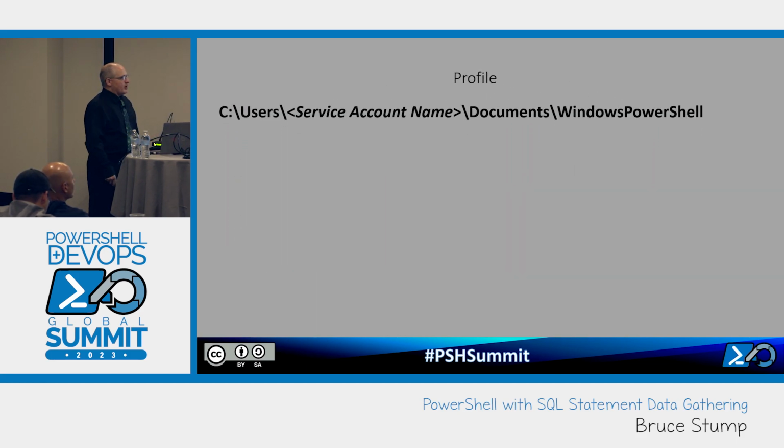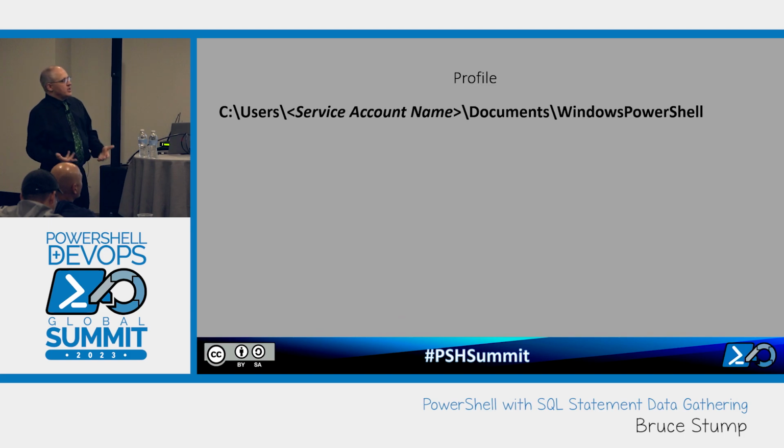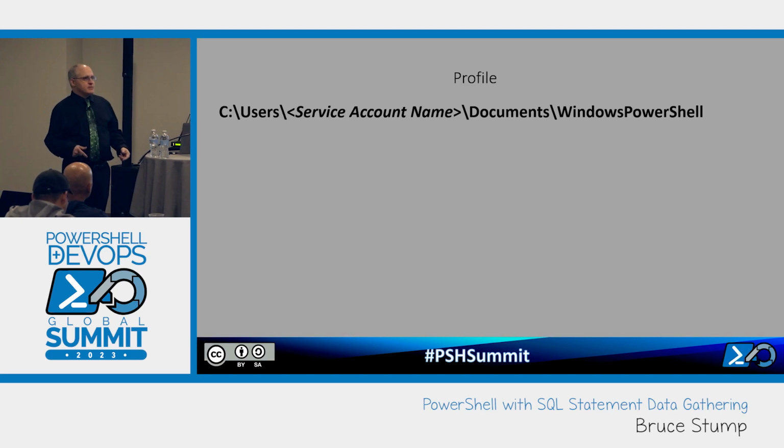Another thing you have to be aware of when you're doing a process like this: when you're in a PowerShell session, you have to import the modules, but when you're making a process, you have to make sure you put them into your profile. Now, I didn't mention it earlier, but I have PowerShell 7.3 on my desktop. But in our server environment, we use the PowerShell that comes with our servers, which is Windows PowerShell 5.1.